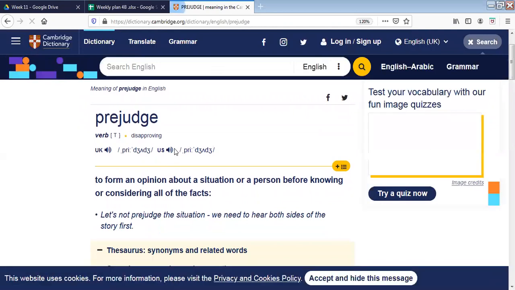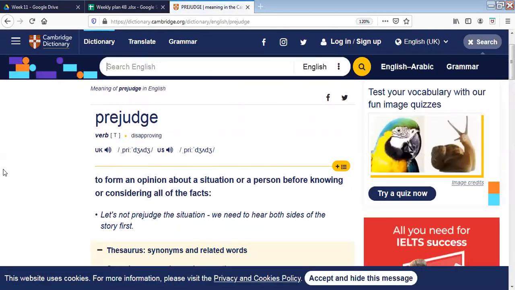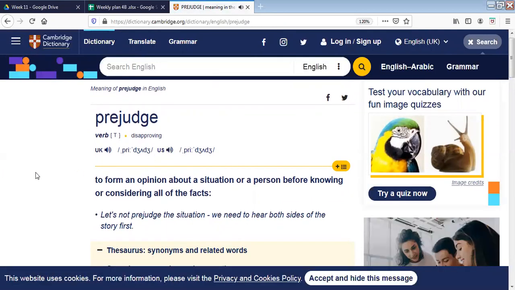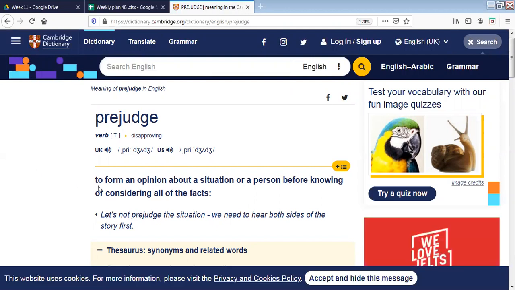Yeah, listen. Prejudge. Prejudge means what? Prejudge means to form an opinion about a situation or a person before knowing or considering all of the facts. Like, for example, if I say that a student in the school, any name, is good, and you start telling me, no, teacher, he is bad.